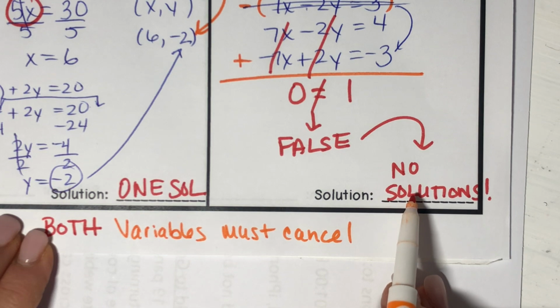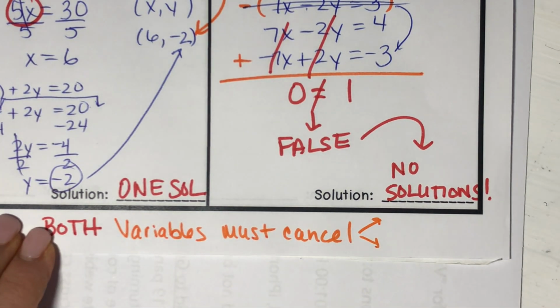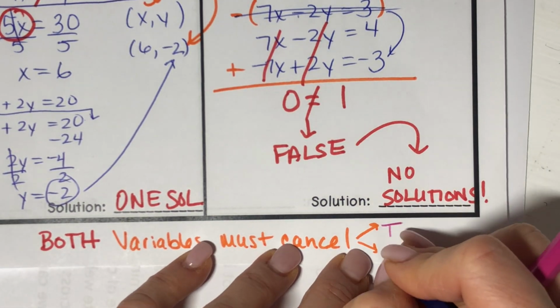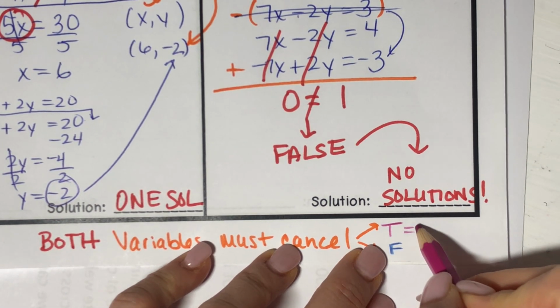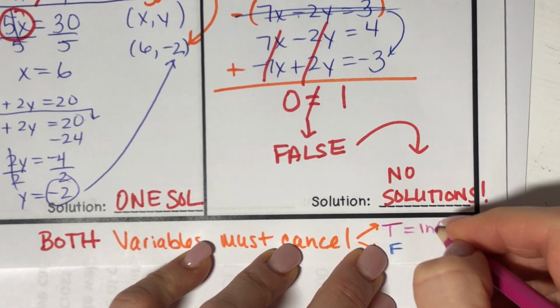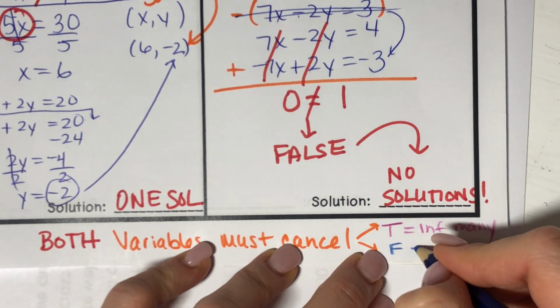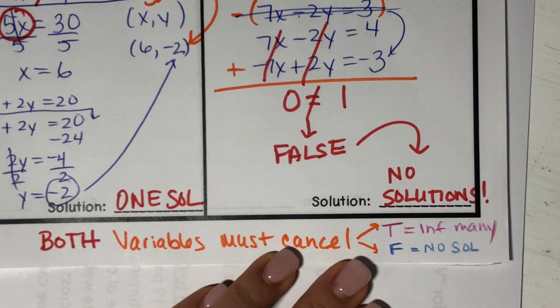There might be none and there might be infinitely many. I'll do the same thing as I did at the bottom of the other notes. You have to figure out if it's true or false. A true means you're going to write the words all numbers or infinitely many, which is what you see mostly. And false, you're literally just going to write no solution. You could put NO SOL.